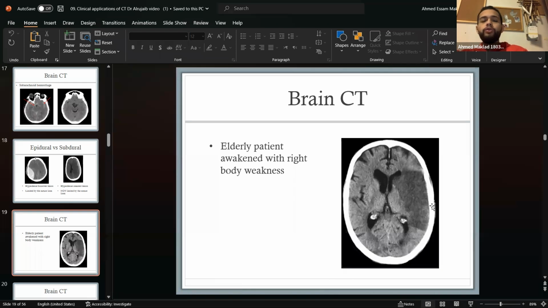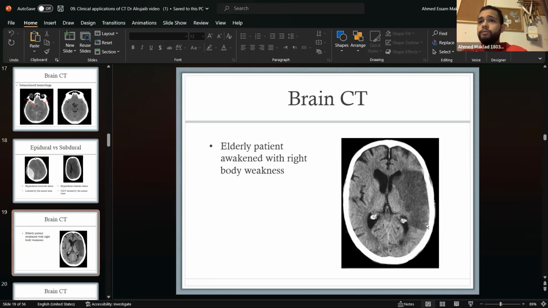If it's acute, 3 to 4.5 hours is the cutoff for treating stroke. But with a CT scan, it usually starts appearing by 6 hours. So if you can see it on CT, it's probably a little bit too late.